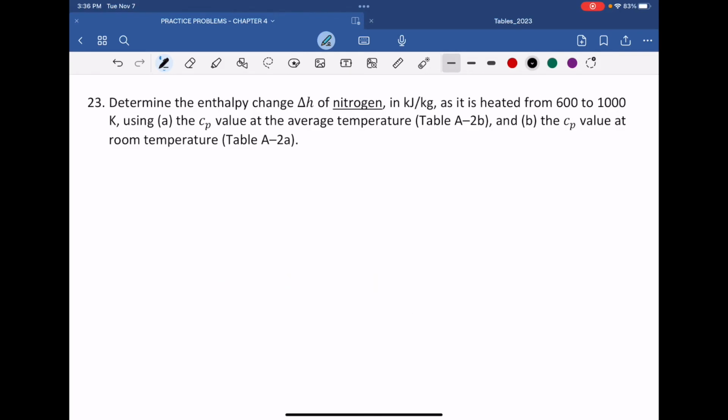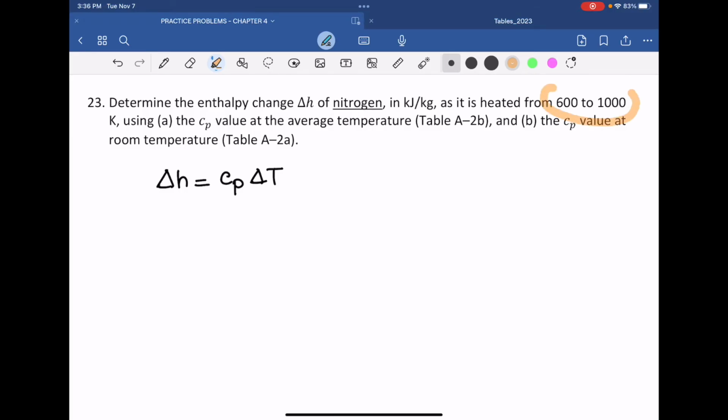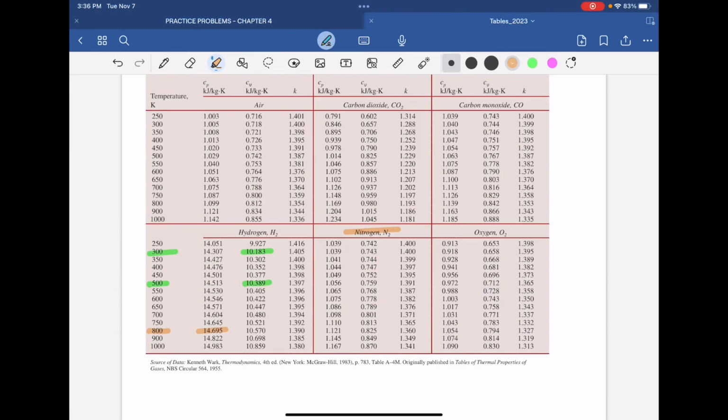Now this time for nitrogen, we do the same, but we are calculating enthalpy change, and enthalpy change is related to CP, not CV. Therefore, we need to read CP values for nitrogen. For the average temperature of 600 plus 1000 over 2, 800. So for 800, we need to use CP, 1.121.